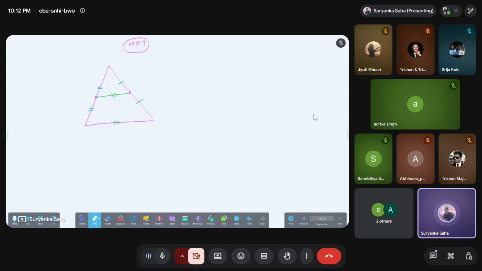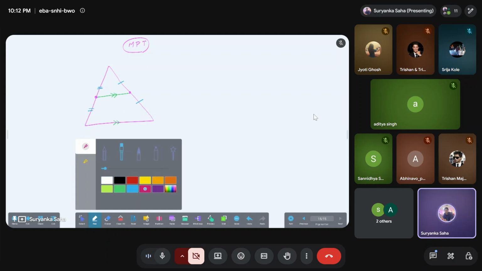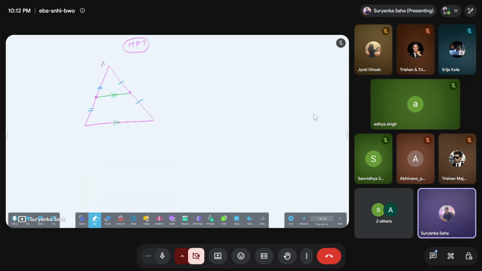So let me write it down. If this is A, B, C, M, N, so MN will be parallel to BC, and the length of MN will be half the length of BC. These two things will happen due to midpoint theorem.